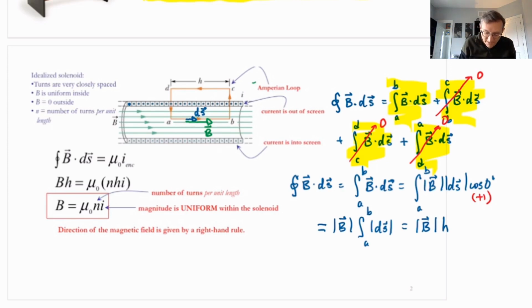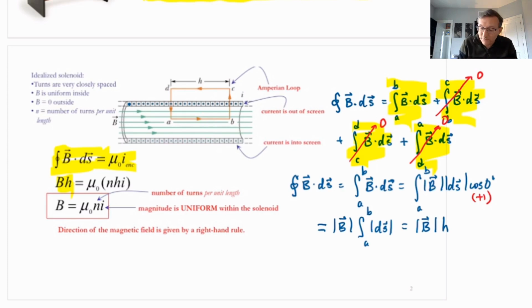And so that goes on the left side of Ampere's law. So here's Ampere's law written down. And when I put that in on the left side, there I have magnitude of B times h. Next, I need the right-hand side of Ampere's law, which is mu0 times I enclosed. I need the total current that is enclosed or encircled by my Amperian loop.